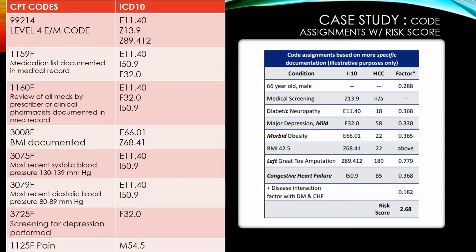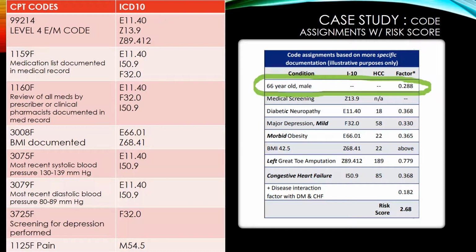I have listed a case study and how the risk score is broken down, so I'm just going to elaborate on it a little bit. Based off the progress note that we just read together, the patient is 66 years of age. Just because the patient is 66 years of age, they're going to start him off with a 0.288 risk factor.